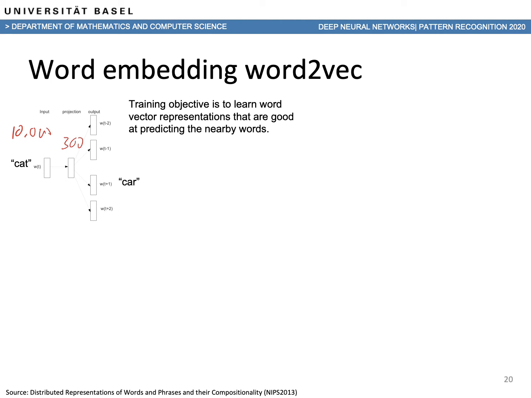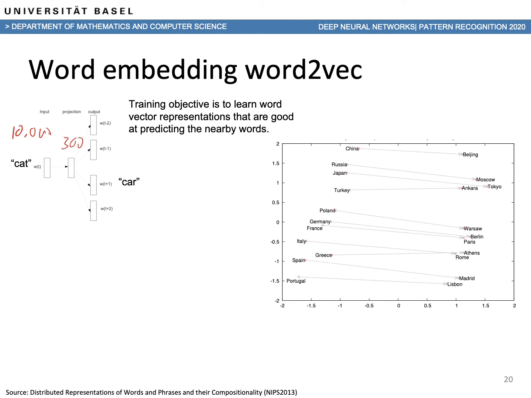Let's first look at some intuition about what should be learned in this embedding space. Here we show some words from an embedding space with countries and their capitals. By using a PCA projection from the higher dimension, this 10,000 dimension, into just two-dimensional space, we're trying to visualize the distance between them.